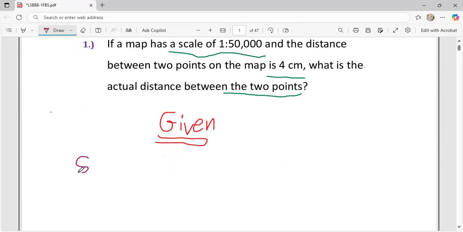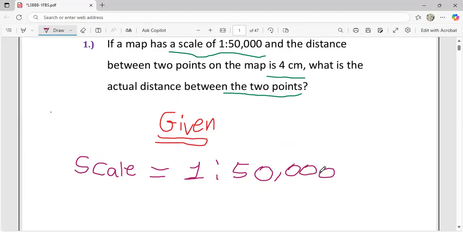The scale becomes equal to 1 is to 50,000. Good. And the distance between 2 points on the map is 4 centimeters.